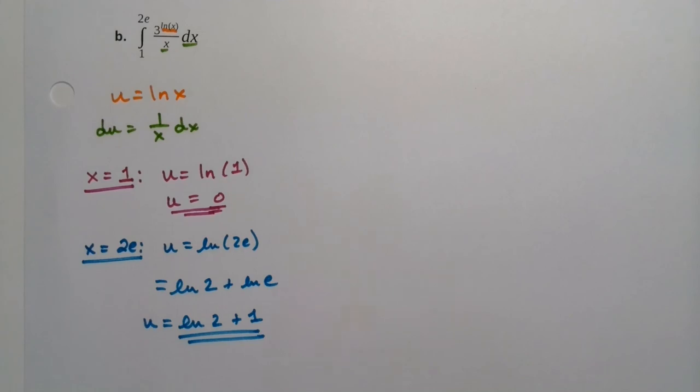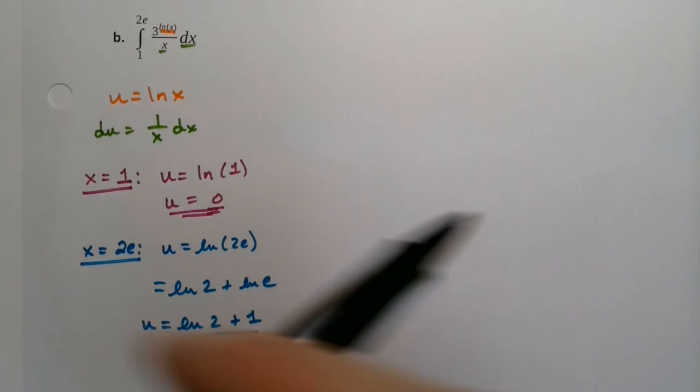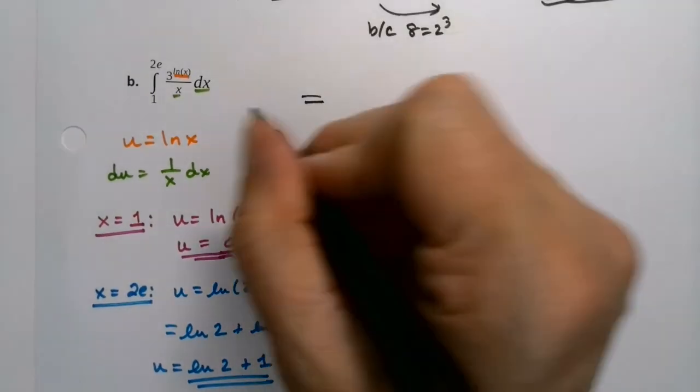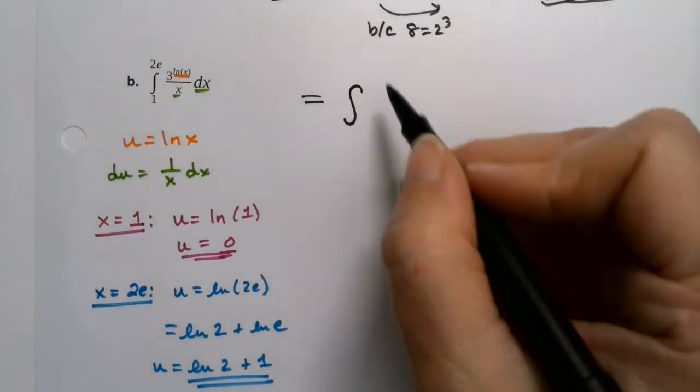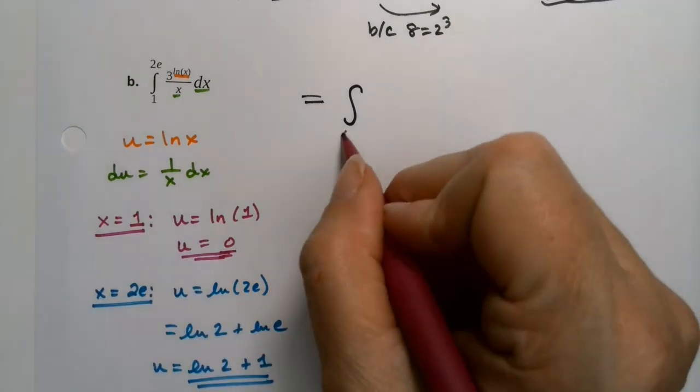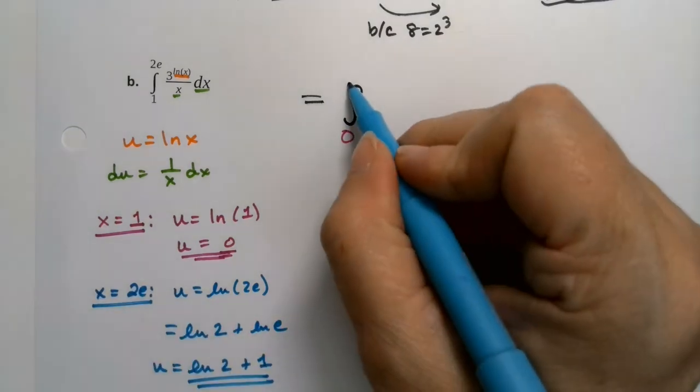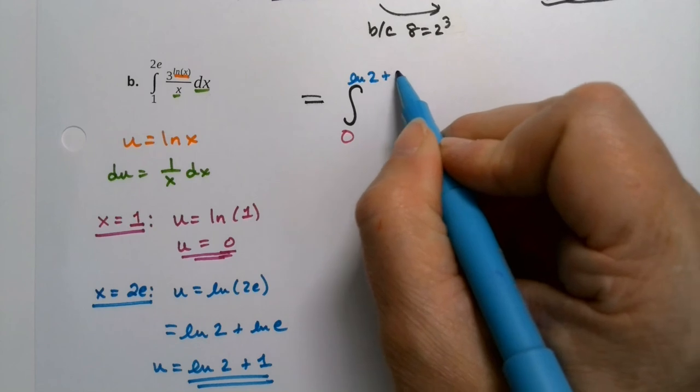Okay, so let's see here. My integral was from 1 to 2e, but it is now from 0 to the natural log of 2 plus 1.